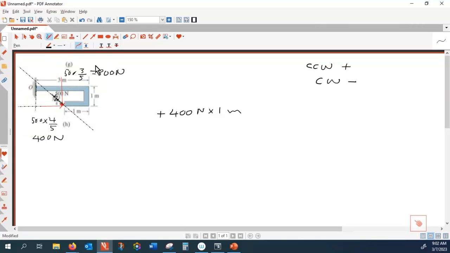And what does 300 do? Does it rotate my frame clockwise or counterclockwise? Darcy, is this clockwise or counterclockwise? Clockwise, and that's negative, right? So the next component is negative 300. And what is the shortest distance between the line of action of 300 and point O?